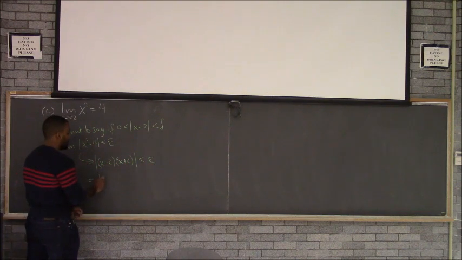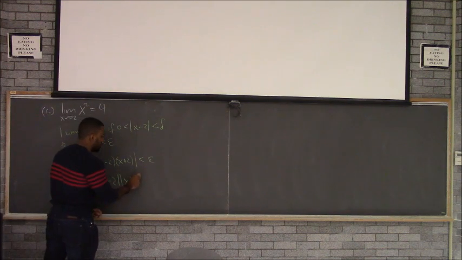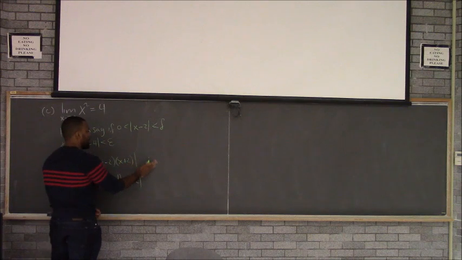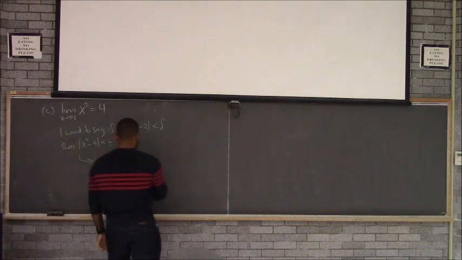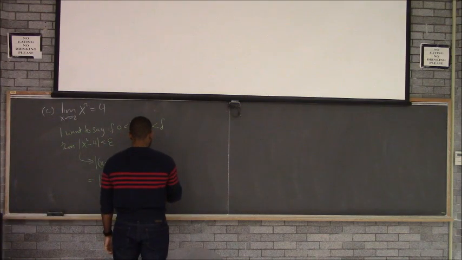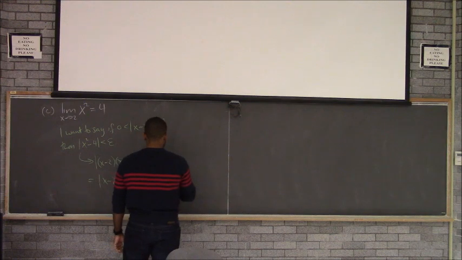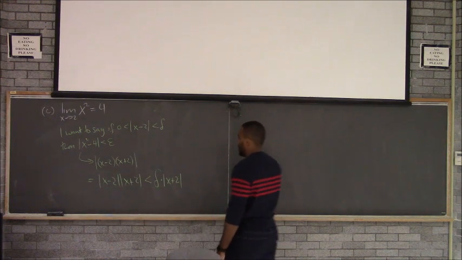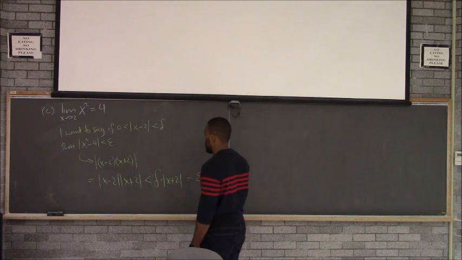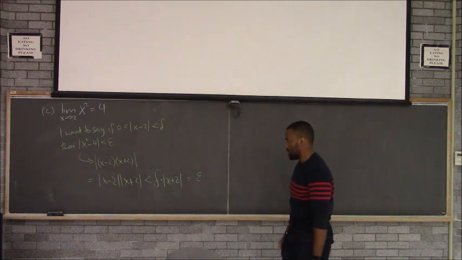So this becomes x minus 2 times x plus 2, right? Now, remember I want that to be less than the epsilon, but so far what I know is I want this to be less than delta. So this is going to be less than delta times x plus 2. And so I can set that equal to the epsilon because that will make it less than epsilon.